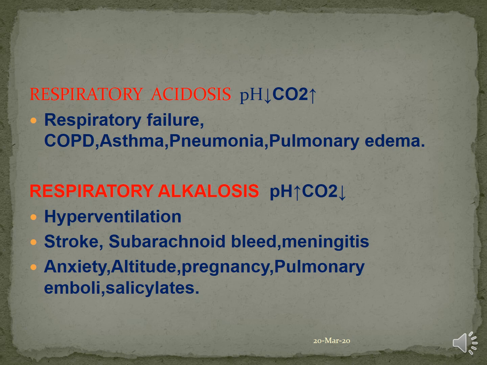And then when the carbon dioxide clearance is more, the carbon dioxide level is depleted, the pH becomes alkaline, and this can happen during hyperventilation, stroke, meningitis, anxiety, pregnancy, pulmonary emboli and other things, and also aspirin. You have to know the difference between these acid-base disorders, both respiratory and metabolic, in which our renal disorders play an important role. Okay.